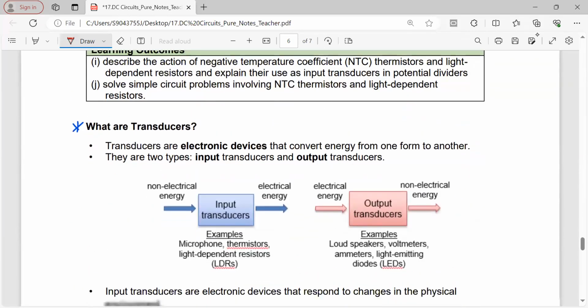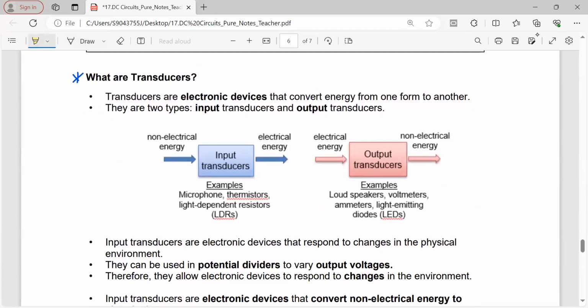Okay, next, what are transducers? Transducers are electronic devices that convert energy from one form to another. It can be from electrical to non-electrical or non-electrical to electrical. That's why there is input and output.